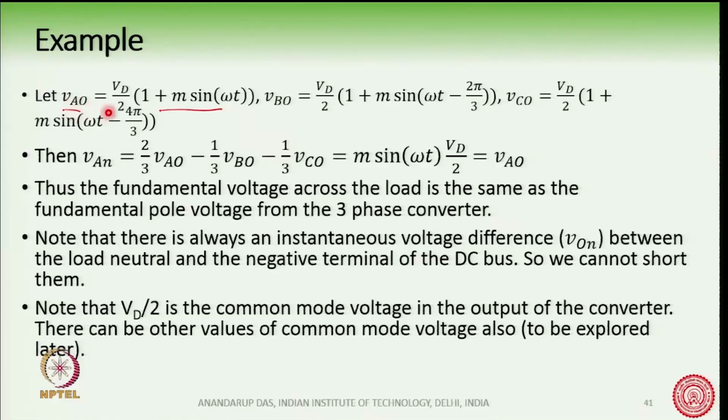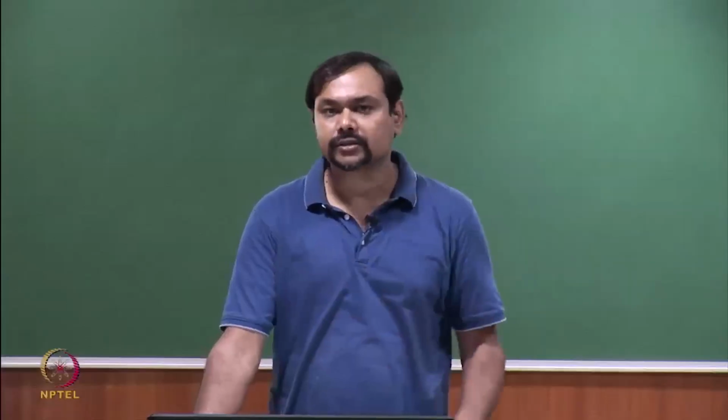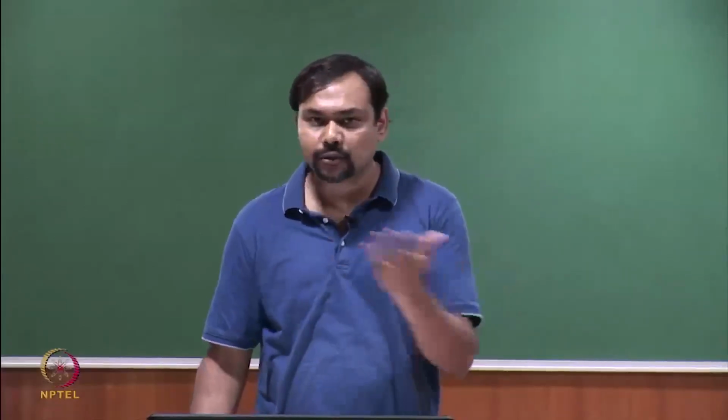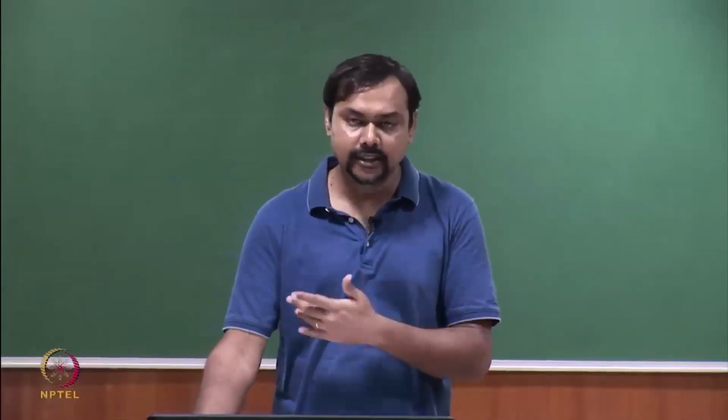So, we see that the fundamental voltage inside the pole voltage is exactly equal to the fundamental voltage that gets impressed across the load. This is expected because there is no loss, nothing is lost.